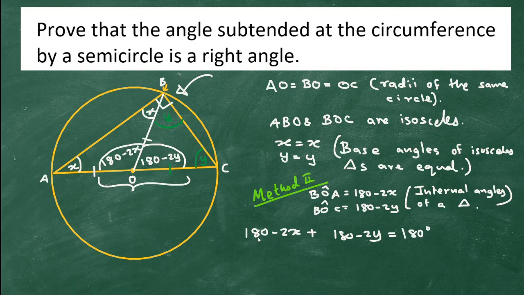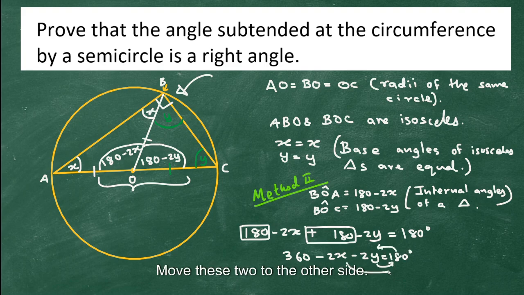So that's 180 degrees, and you can just do the simplification. So let's do that. 180 add 180 is 360. 360 take away 2x take away 2y is equal to 180. Now move the 180 to this side, move these two to the other side.